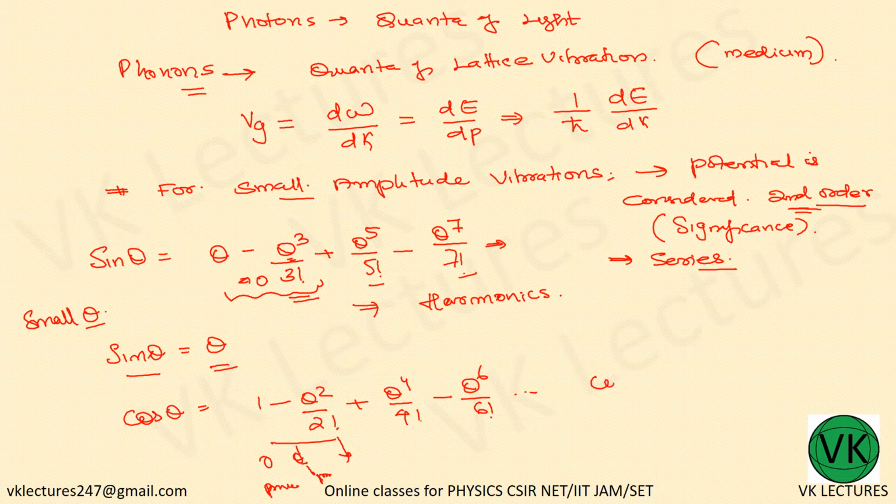So we will write cos theta as approximately equal to 1 minus theta square divided by 2 factorial. So whenever we are talking about small amplitude, you can refer sin theta as theta and cos theta as 1 minus theta square by 2 factorial.